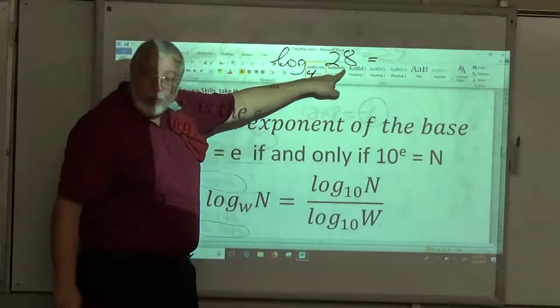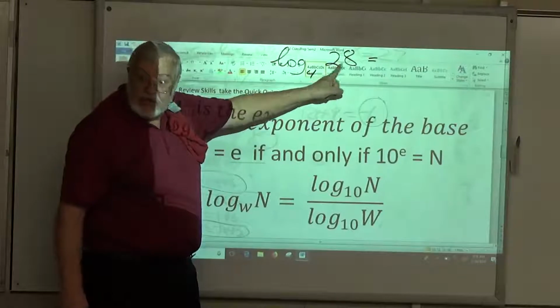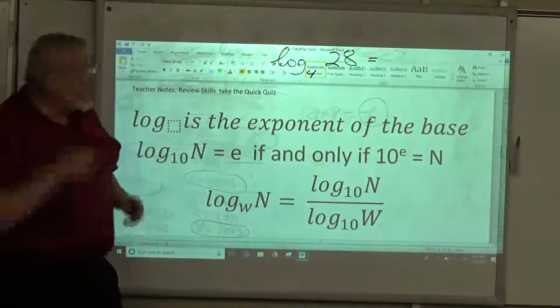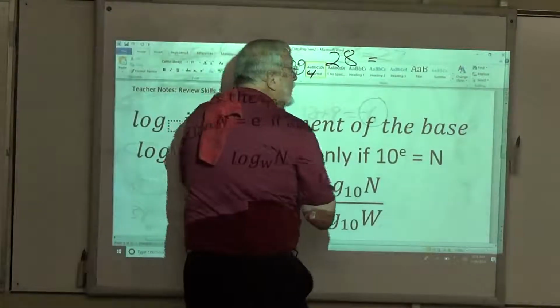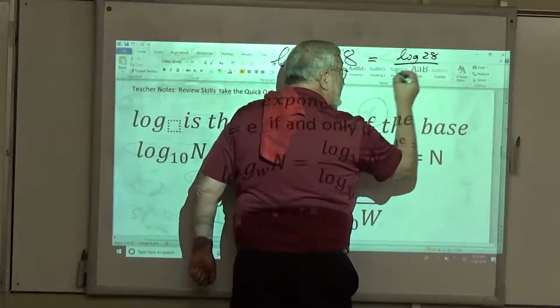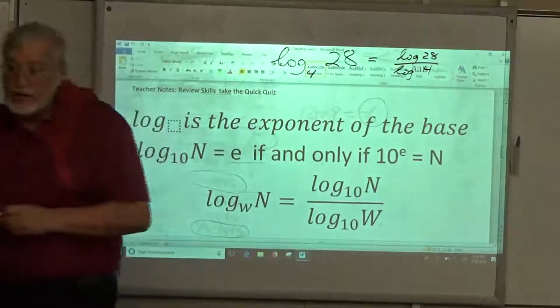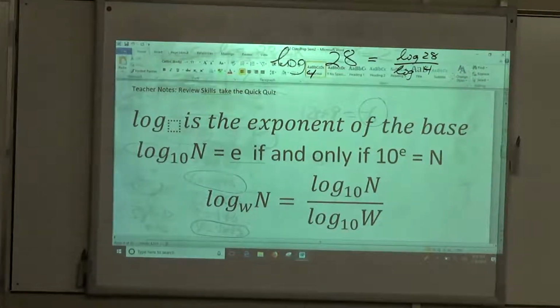So this number will lie as an exponent of 4 somewhere between 2 and 3. Now with your calculator, take the log of 28 divided by the log of 4, and you will get a number between 2 and 3.